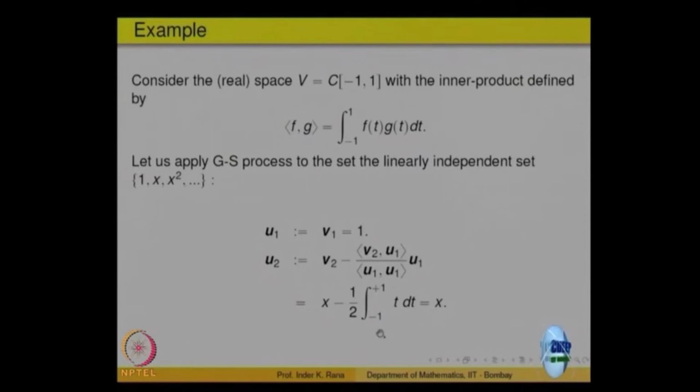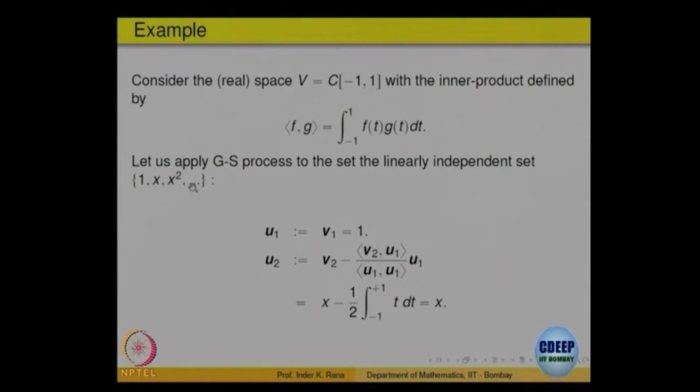If you compute that, it comes out to be half of the integral from minus 1 to 1 of t dt, and that integral you can compute, it is obvious. So, this is equal to x. This part is 0, because the integral from minus 1 to 1 of the odd function t is 0. So, u1 is equal to 1 and u2 equal to x. The first two are perpendicular to each other, so Gram-Schmidt does not give you anything new.